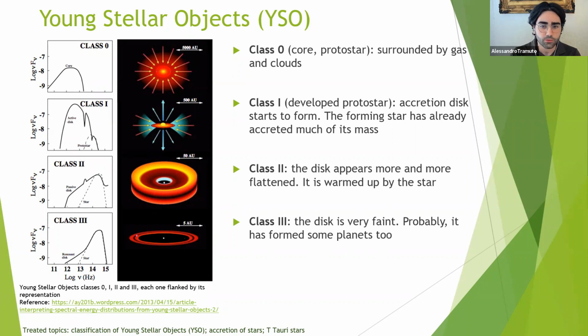And in the class 2, we can see the disk that appears more and more flattened, and the accretion process can appear, because it also follows with the warming up of the cloud by the star. In the class 3, we don't have any more disk, and probably the watery remains of the disk have formed planets, or it was all consumed by the accretion process if it happened.